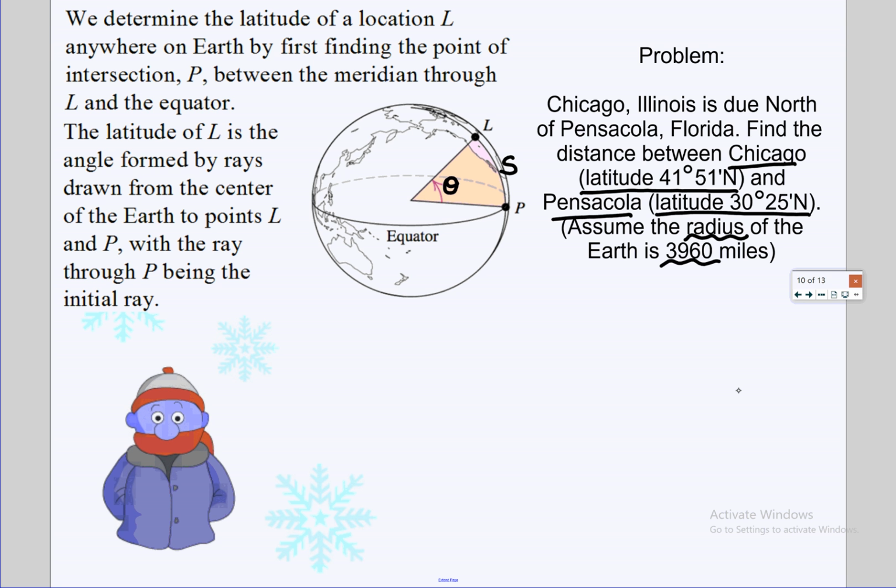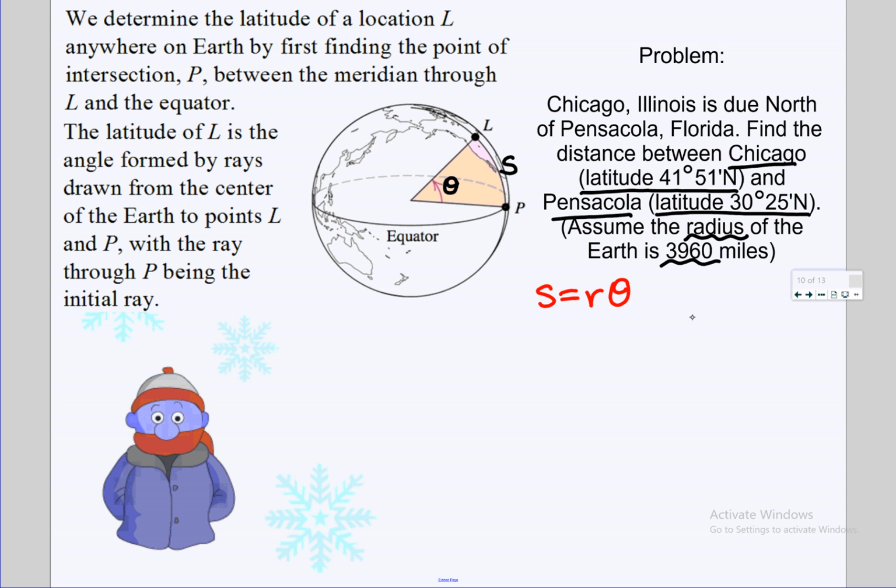So I have my radius if I'm doing my arc length formula. What I don't have is my angle, and we'll get the angle in degrees first, and then we'll put it in radians before we actually use our formula. Again, the difference in the latitudes is going to be the angle between those two cities.